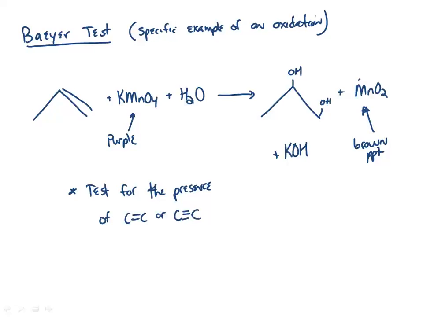Meaning it's a really quick and easy test to tell whether you have an alkane, an alkene, or an alkyne. And like for instance, when you did the tests, that one took about 30 seconds, right? Meaning you just take a milliliter of this, a few drops of this, shake it up and look.